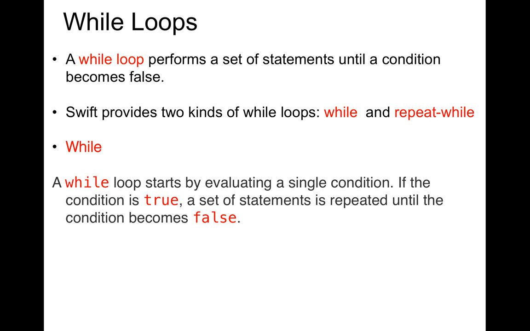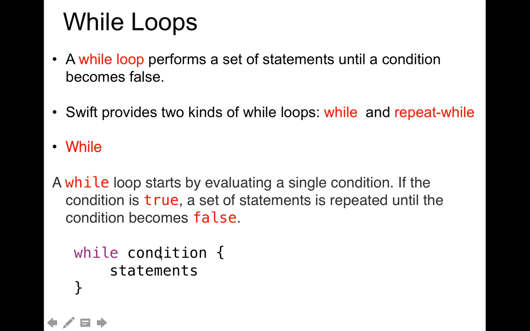For the while loop, generally it first evaluates the condition. If the condition is true, then it does the statements. But repeat while is different. First, it does the statements. After that, it evaluates the condition. For while, first it performs the evaluation whether the condition is satisfied or not.